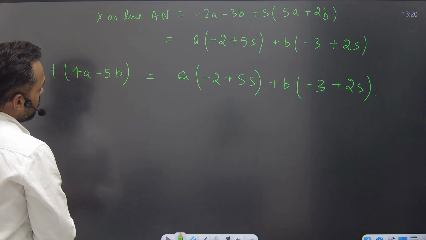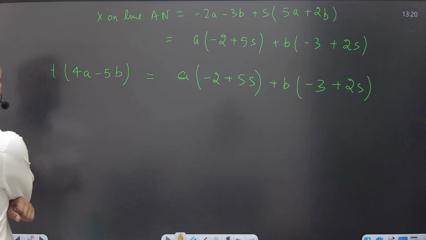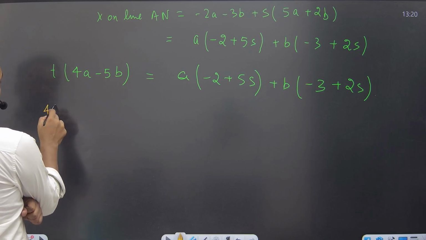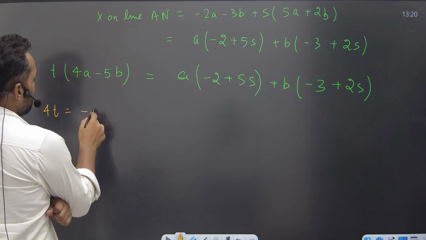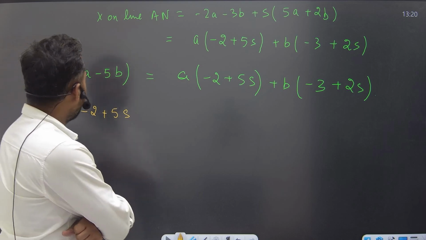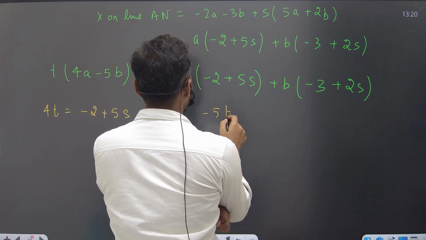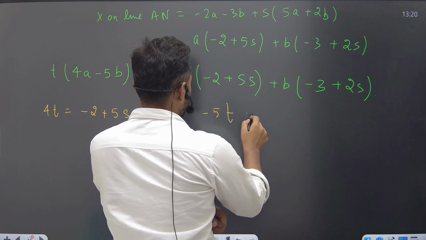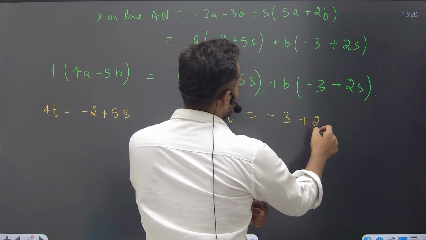Now comparing the coefficients, students, what will we get? For a, it will be 4t on the left hand side, and on the right it will be minus 2 plus 5s. For b, it will be minus 5t on the left hand side equals minus 3 plus 2s.